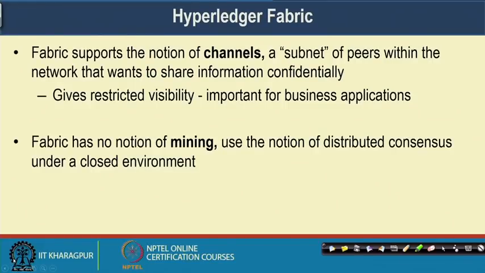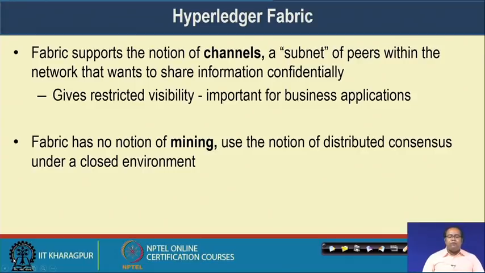Another interesting feature of Hyperledger Fabric is that it supports the notion of channels. A channel, you can think of as a subnet of peers within the network who want to share information confidentially. That is important from the business perspective. In business, everyone should not have the same visibility of the data. Some group of peers has one level of visibility, some other group has some other level of visibility.